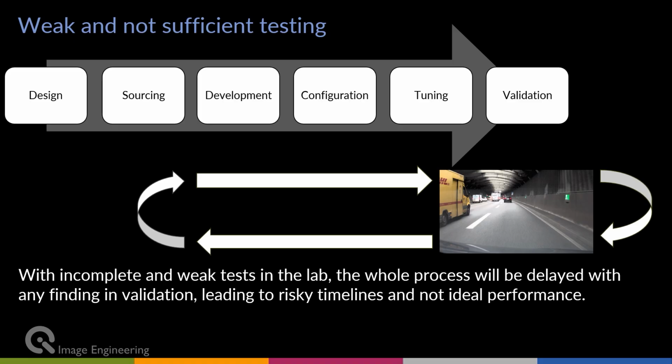So that's maybe not the best way to do it. With incomplete and weak testing in the lab, the whole process will be delayed, and any finding in validation leads to a risky timeline and not ideal performance.